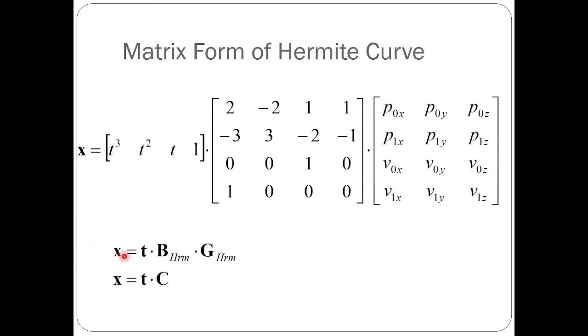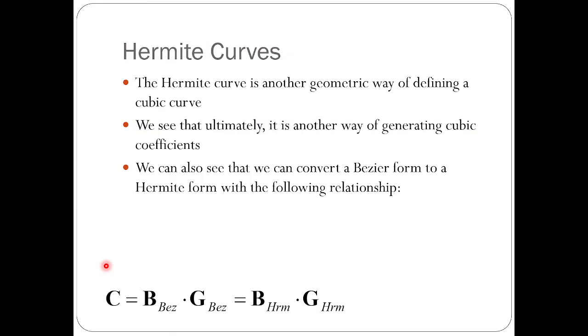So x equals t times B_Hrm, that is the Hermite basis, dot G_Hrm, the Hermite geometry, so x equals t dot C. The Hermite curve is another geometric way of defining the cubic curve. Ultimately it is another way of generating cubic coefficients.